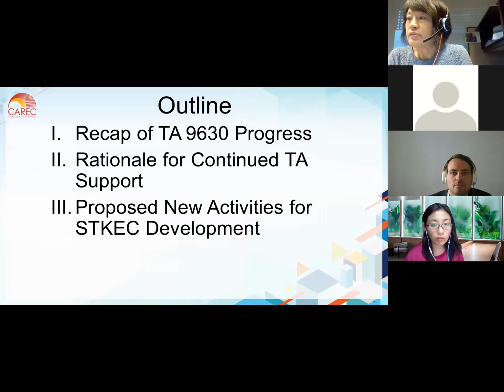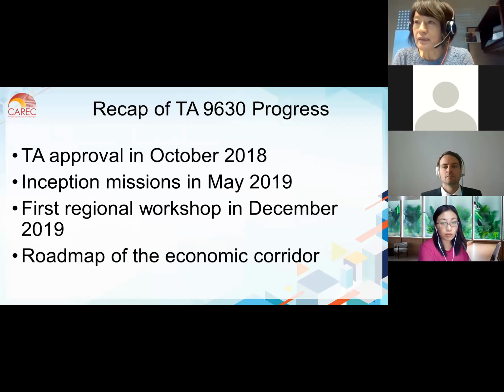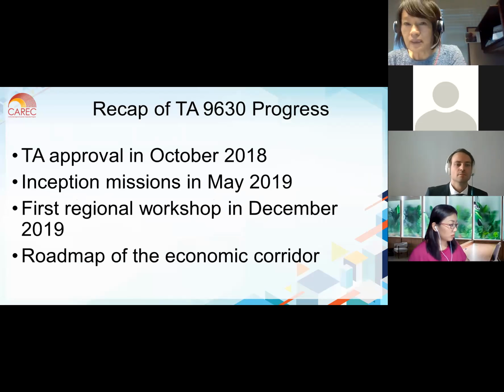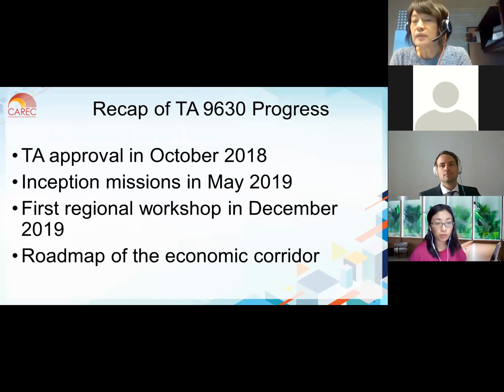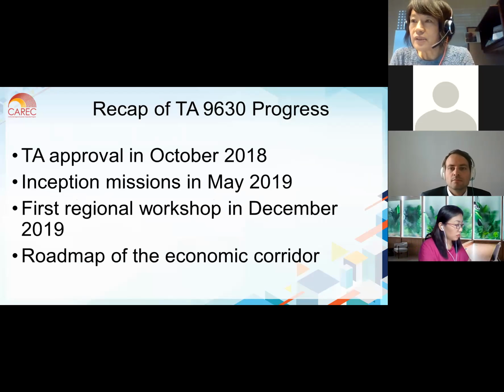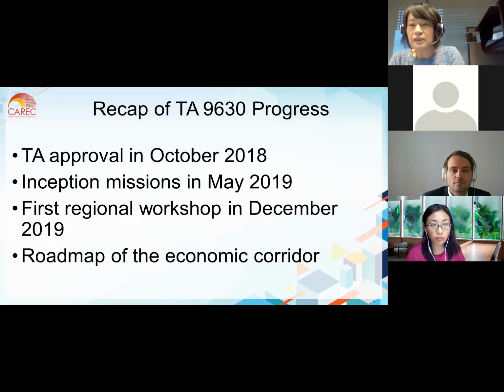And then the first regional workshop was held in December 2019 in Tashkent, which gathered together for the first time participants from the 3 countries to discuss the vision of the corridor and help to sharpen the focus of the study. And consequently, the TA team has developed the draft roadmap, which is for our discussion today.